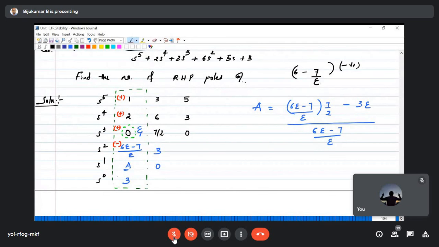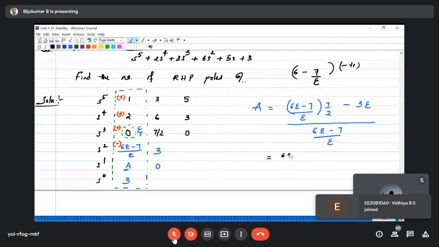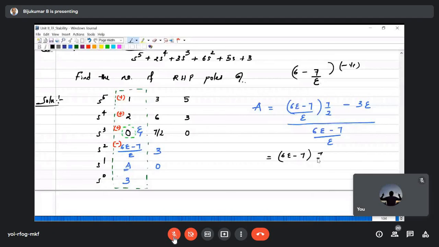What about the polarity of A? If you solve this, it will come as positive, right? Let us see how it can be done. This can be rewritten as 6 epsilon minus 7 multiplied by 7 by 2 minus 3 epsilon square, whole divided by 6 epsilon minus 7.